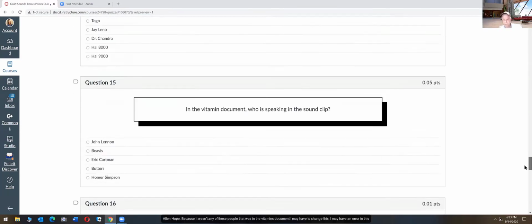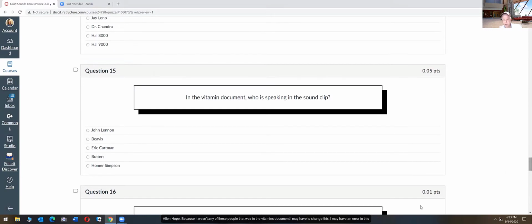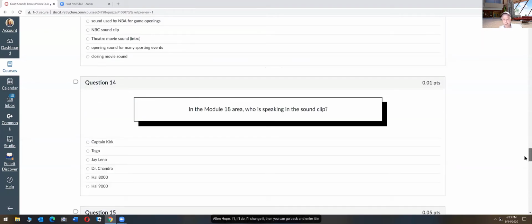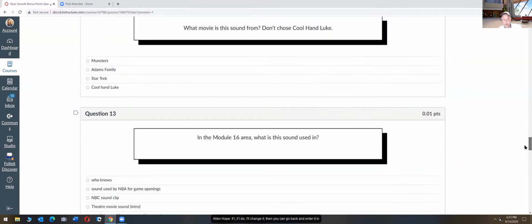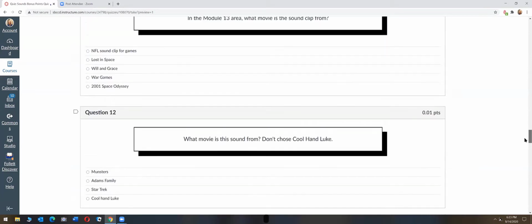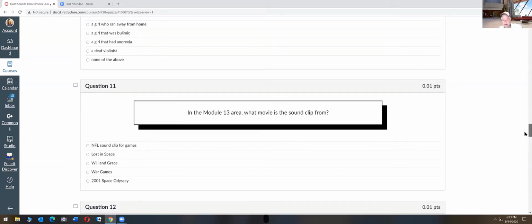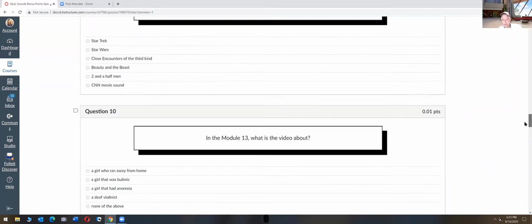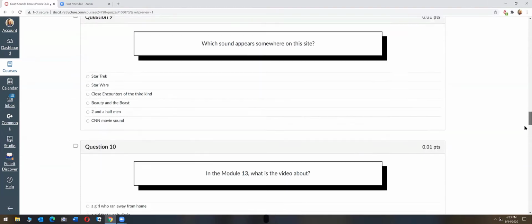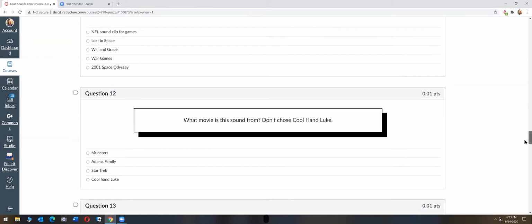Yeah, but I didn't see the answer there because it wasn't any of these people. That was in the vitamins document. I may have an error in this. If I do, I'll change it, and then you can go back and enter it in. Because there may be. It's number 12. Number 12? Yeah, thank you.